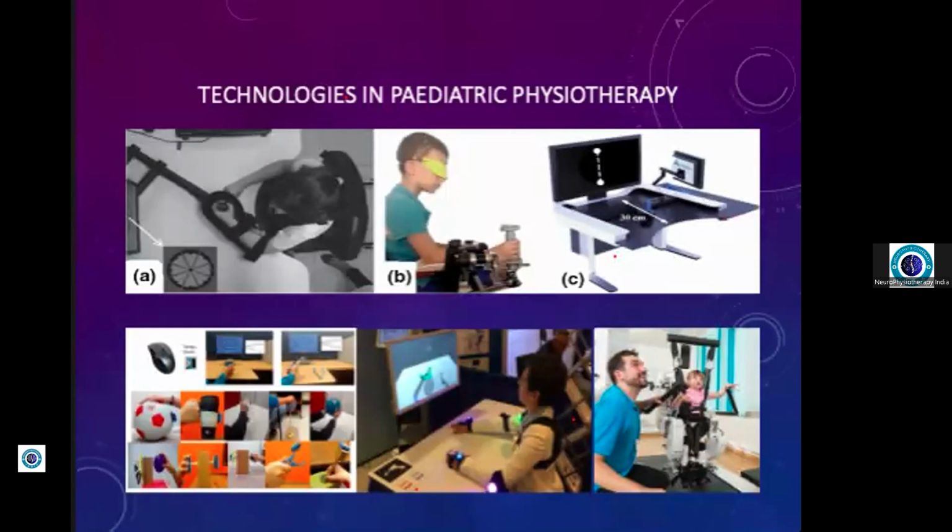Whereas the recent means are supported by motor control theories like dynamic systems theory or ecological theories, which support that a particular movement is influenced by multiple systems. It is not a single system which is working there. Hence, I was very reluctant to get into technology and think beyond what I was doing, because anyways my patients are walking.